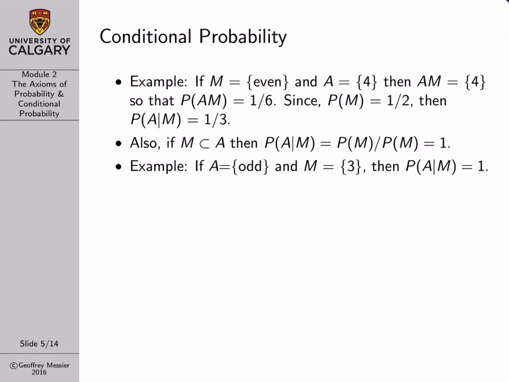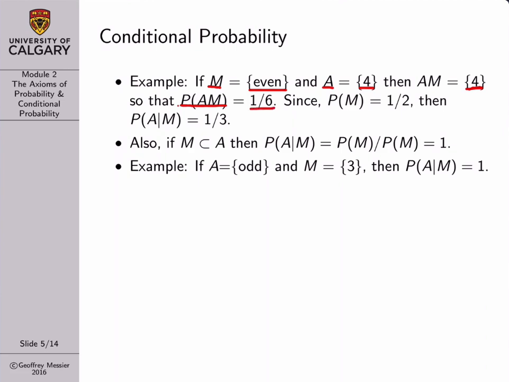So let's consider our good old six-sided dice, and let's let the random event M be even, so rolling an even number, and the random event A correspond to rolling a 4. And so the intersection of A and M is just equal to 4, because M contains 2, 4, and 6. So we know that the probability of A and M, which is just equal to the probability of 4, is equal to 1 over 6.